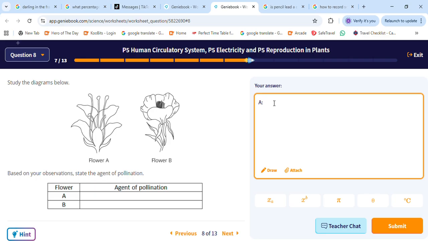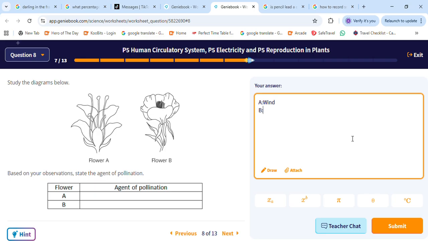This is long stigma. Long stigma is used to catch the... what's that? Is that long anther or long stick? Ah, that's long anther and stigma. It's like they're trying to use the wind to their advantage. Yeah, wind. Put wind. Okay. I'm so smart, man. So smart.